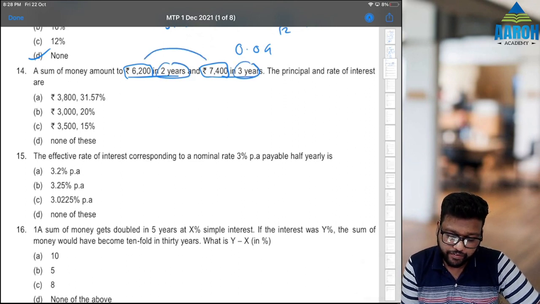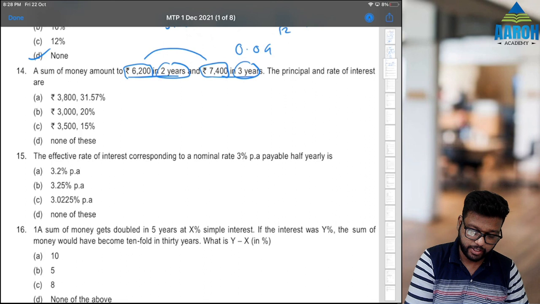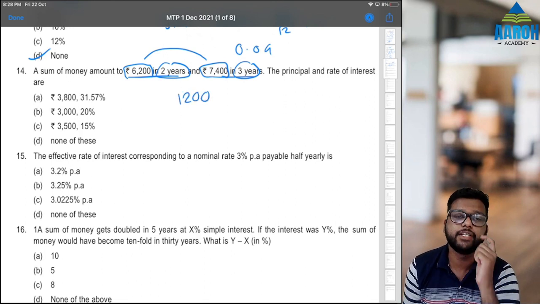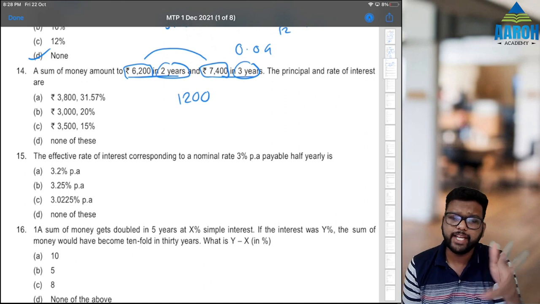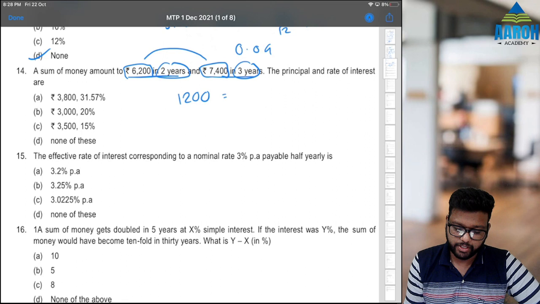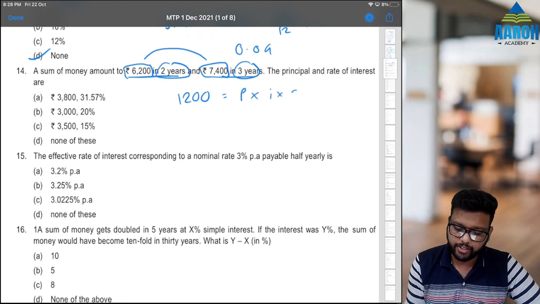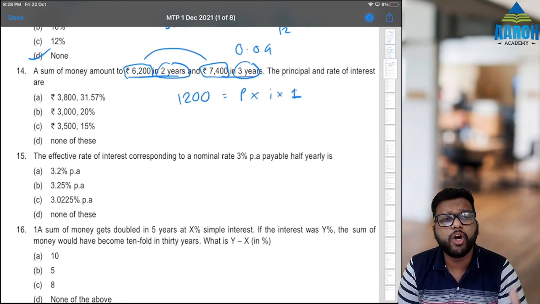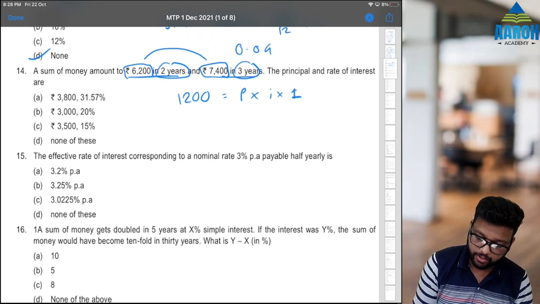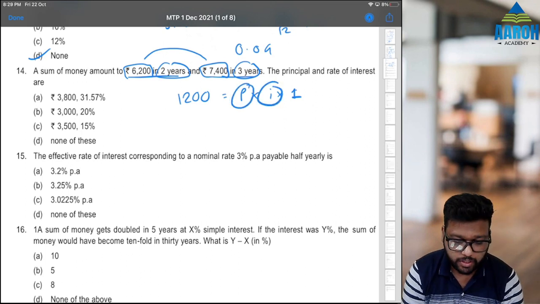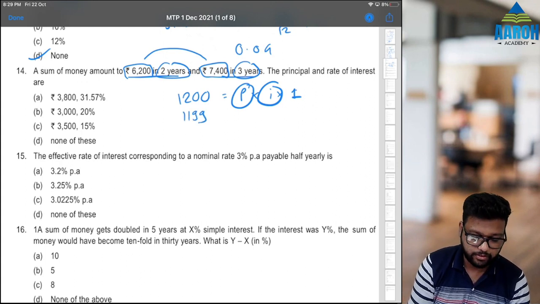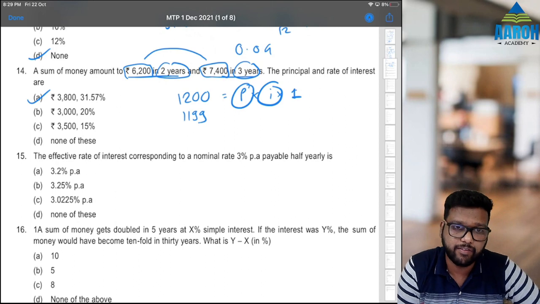That means the difference, that is 7,400 minus 6,200, difference of 1,200 is 1 year's interest, right? Simple interest anyway remains same every year, right? So 1 year interest will be principal into interest rate into 1 year. So let's just go by options. Which option? 3,800 into P into I, right? 3,800 into 31.57%. That gives us 1199. So that is our correct answer because it is nearly 1,200.